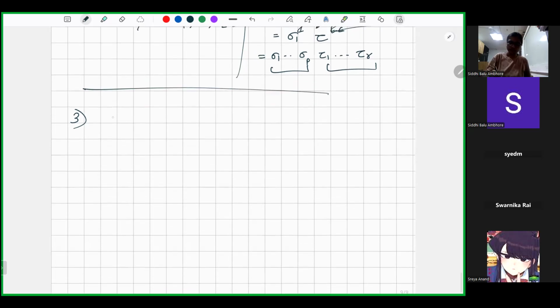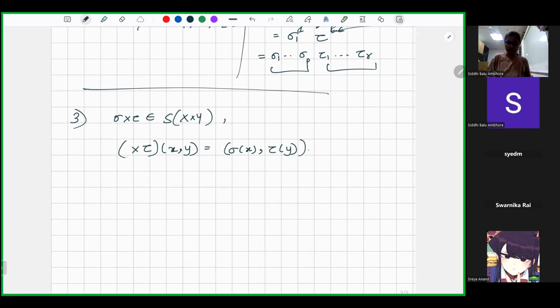Now it is again sigma cross tau in S of X cross Y, such that sigma cross tau of this (x, y) is going to (sigma of x, tau of y).